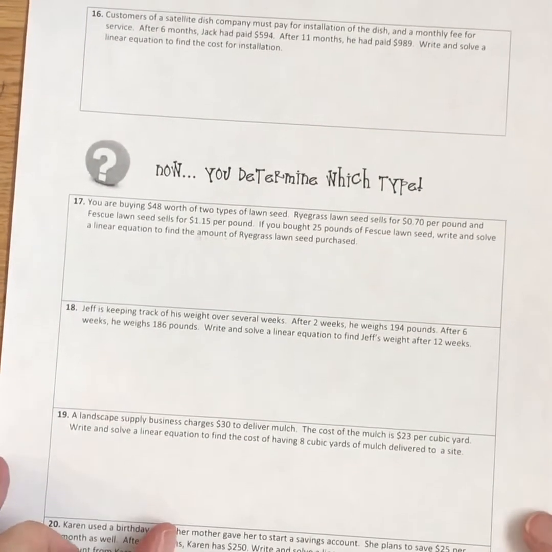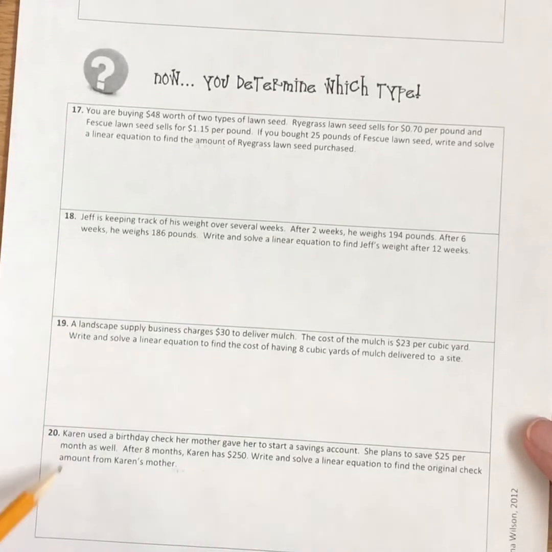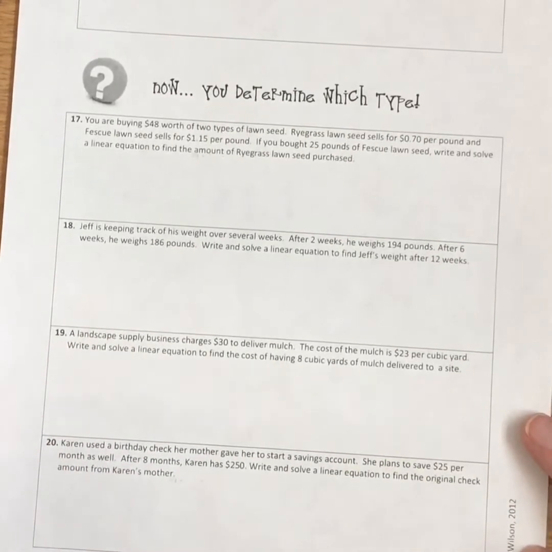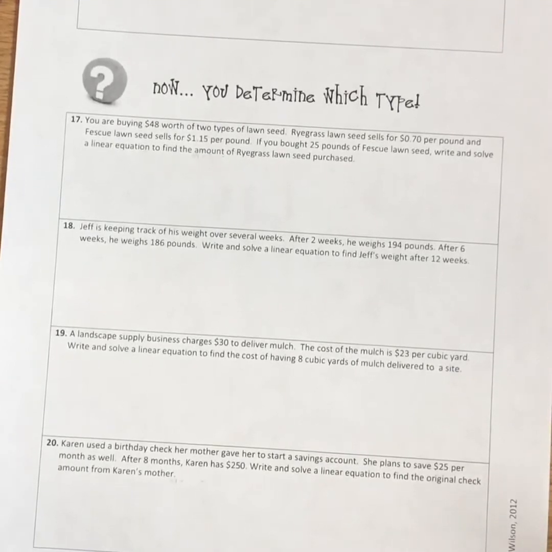Then what I want you to do is look at 17 through 28. Do your best. See if you can figure out which type of problem, what information the problem gives, and then try and solve it on your own, okay? And when we do our warm-up next class, we're going to go through these to make sure that you understand them and bring questions.